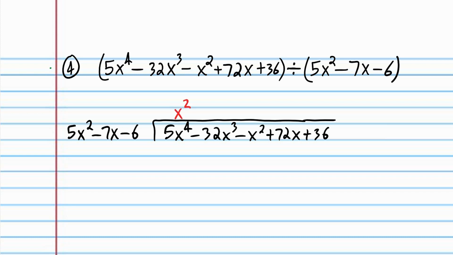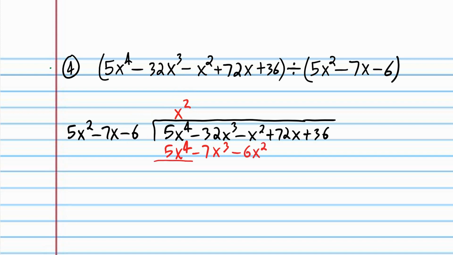Step 2, multiply x squared times the entire divisor. X squared times 5x squared is 5x to the 4th. And x squared times negative 7x is negative 7x cubed. And x squared times negative 6 is negative 6x squared.